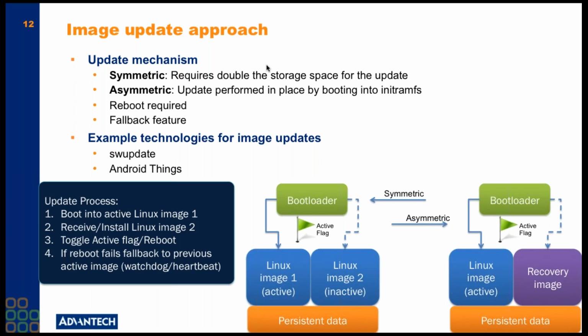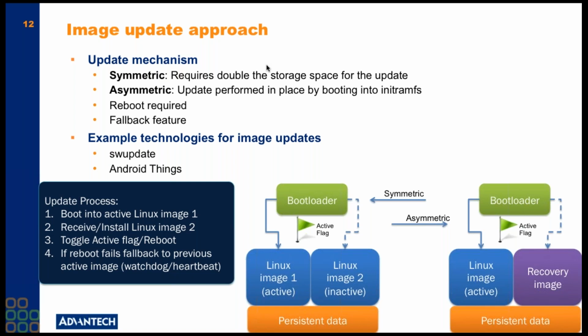Once you're in that first active Linux instance, you can use open source techniques to access another set of partitions and store a software update image into that second partition. Once that happens, I can toggle the active flag, switching the second, updated partition to be active, and then I can reboot.